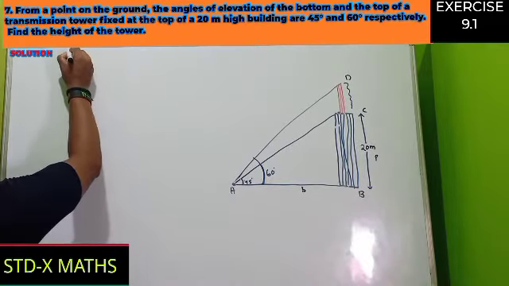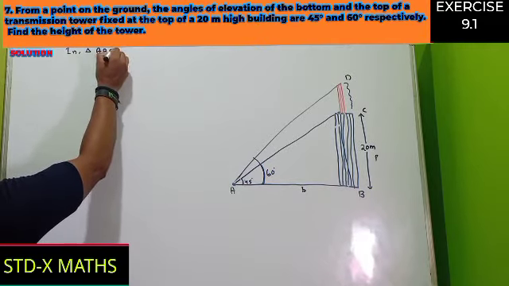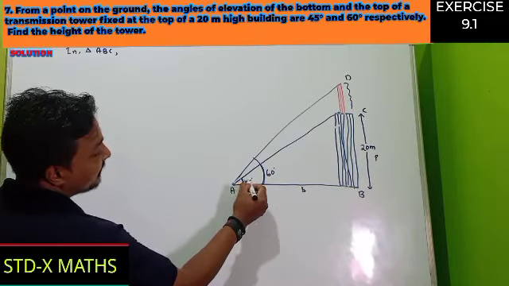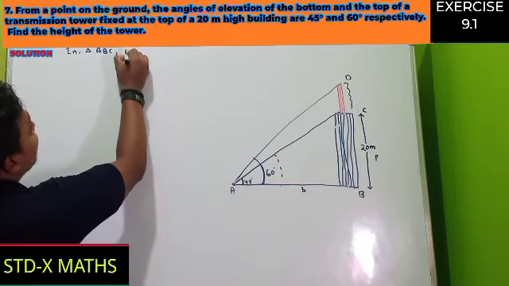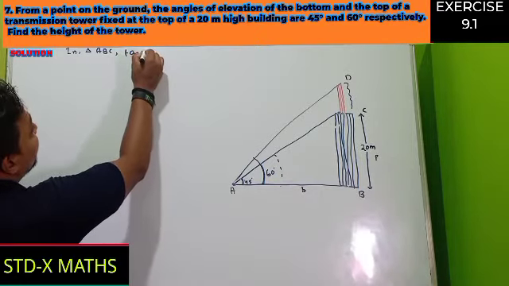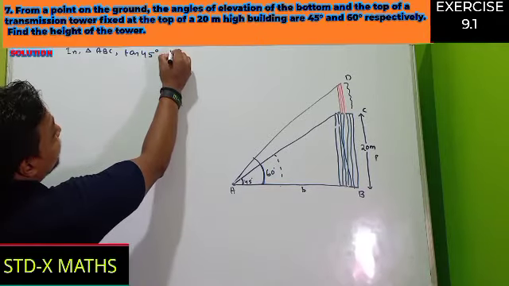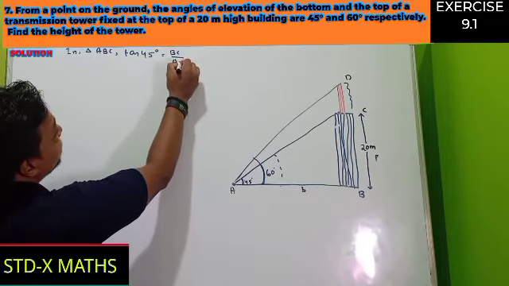In triangle ABC, tan 45 degrees, this little angle is 45, equals BC divided by AB.